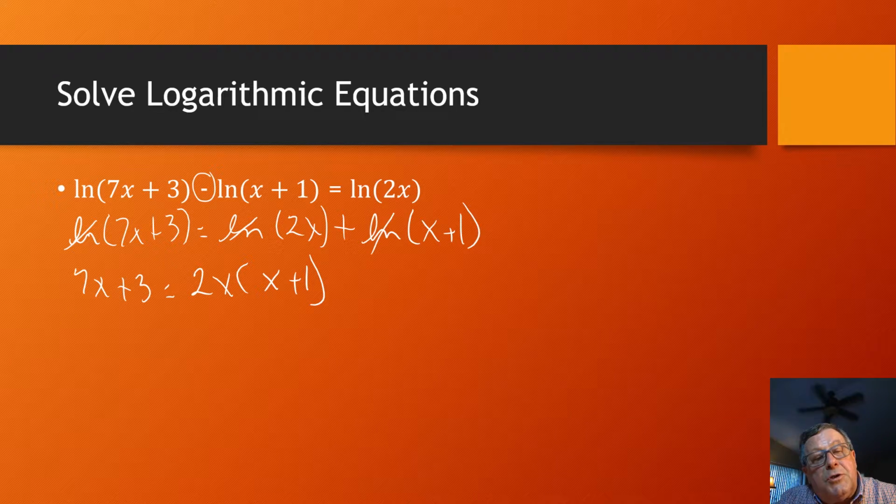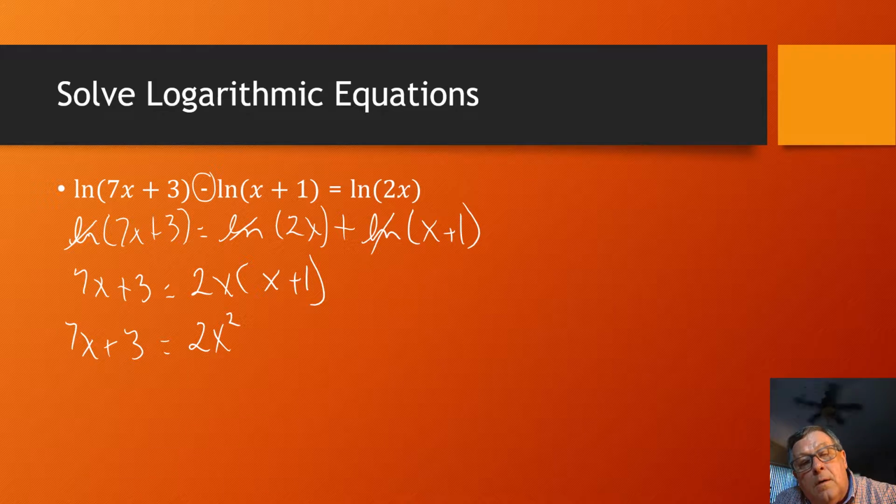Well, let's distribute that 2x times x plus 1. And that's going to be 2x squared plus 2x. All right, and now let's set this equation equal to 0, and we're going to subtract the 7x and the 3 from both sides.